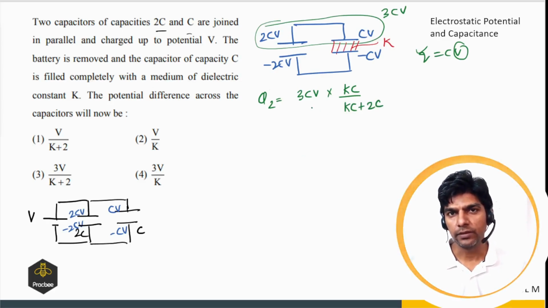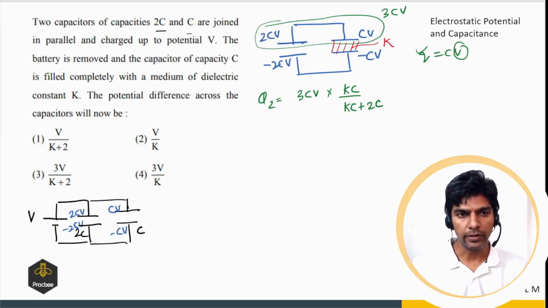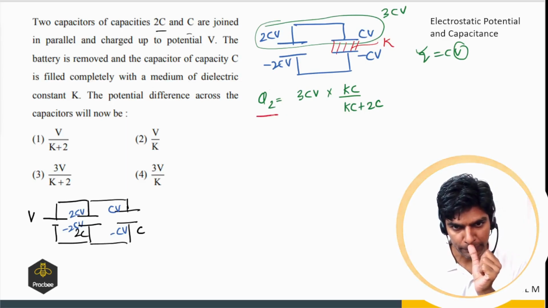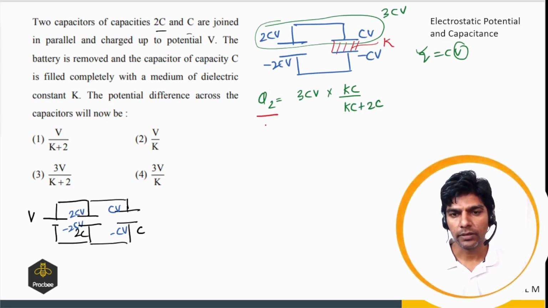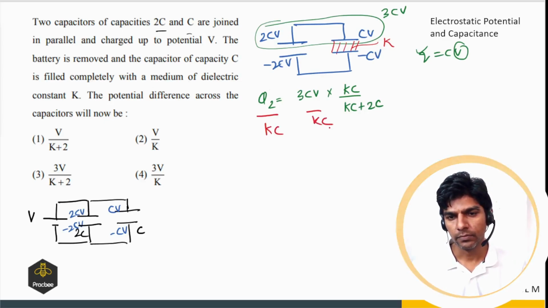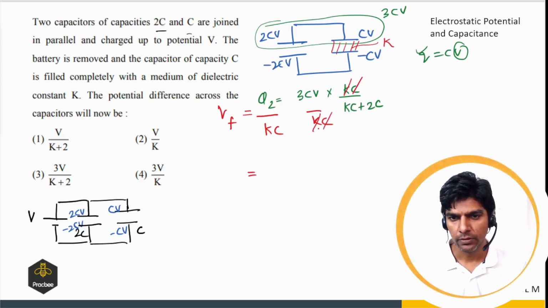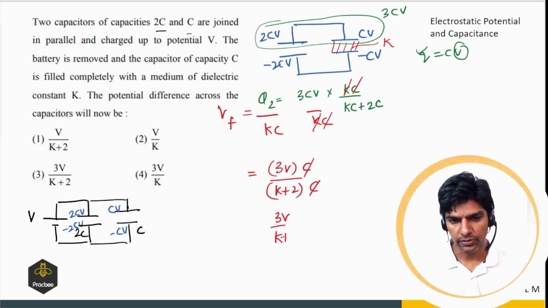And if you want to find the final potential of the capacitor, you can divide the charge with the capacitance, so this will be KC, right? So that will give us the final potential, which comes out to be, so this KC will get cancelled out, and we have 3V times C divided by K plus 2 times C. So 3V upon K plus 2 is the answer. So option 3 is the right answer.